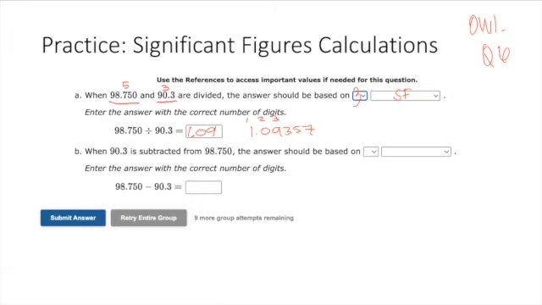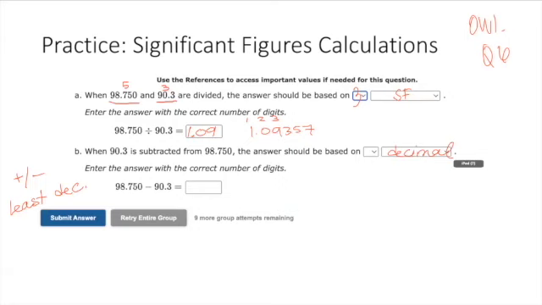Next, we're looking at the same 2 numbers, but this time it is subtracted. So when we're doing addition or subtraction, we want to go with the least amount of decimal places. So the answer should be based off of decimal places.